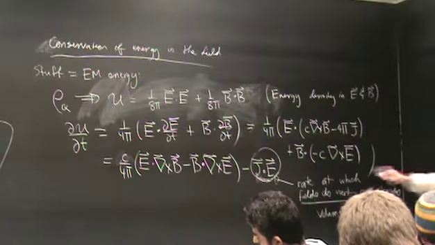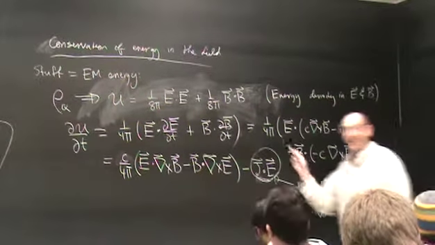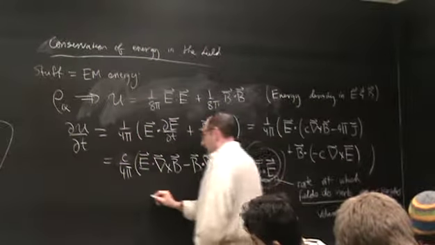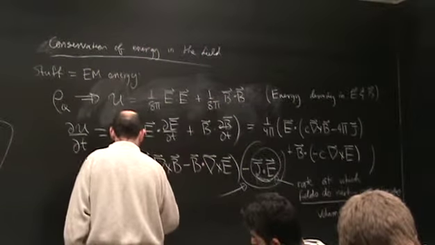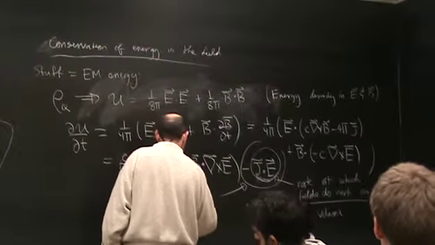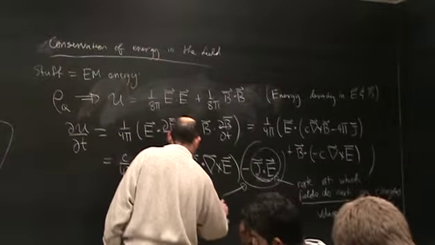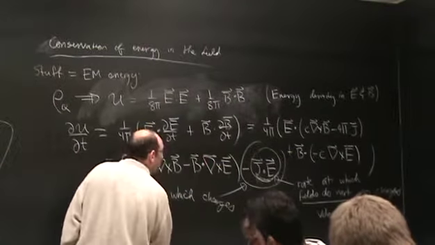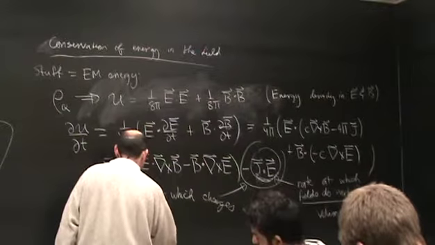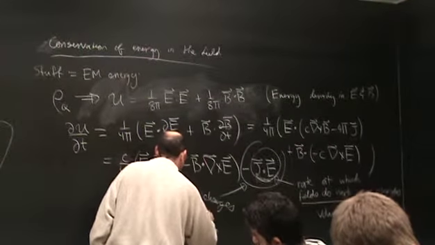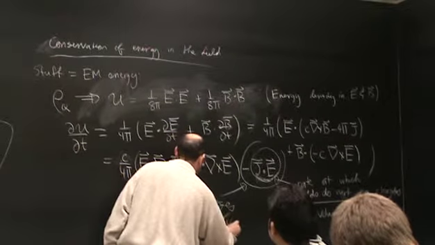However, minus J dot E, thus, is equal to the rate at which charges do work on fields per unit volume.